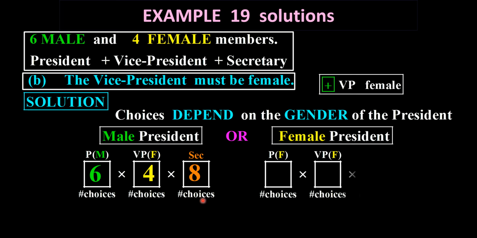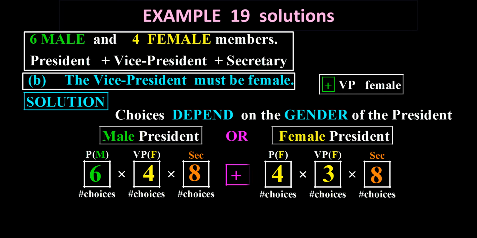Let's look at the situation where we have a female president. This means that the president is female, but according to this restriction, the vice president still has to be female. So in how many ways can we choose a female president? Any of the 4. Now 1 person's already been used, so the next can be 3. So we have 2 out of the 10 used, so we have 8 that can possibly be secretary.